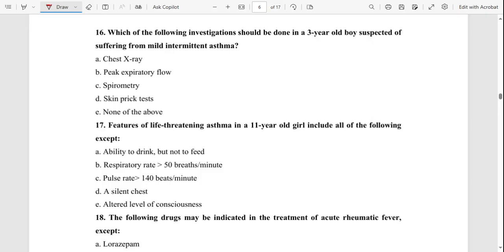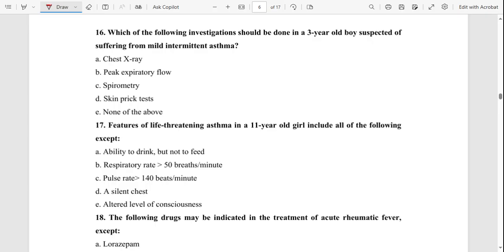Just to add, as the doc has said, spirometry and peak expiratory flow rate are actually the gold standard when you want to diagnose asthma. But the patient should be someone who can at least listen to the instructions you give them.